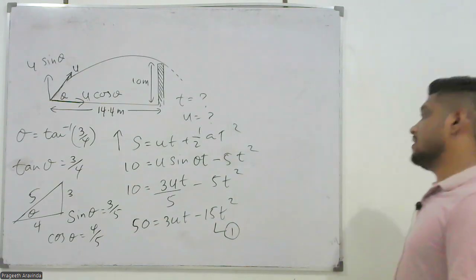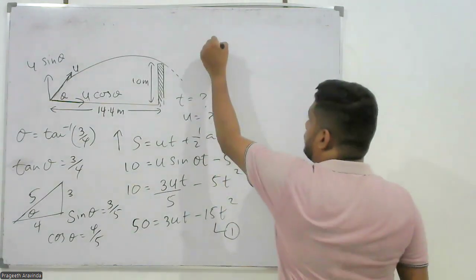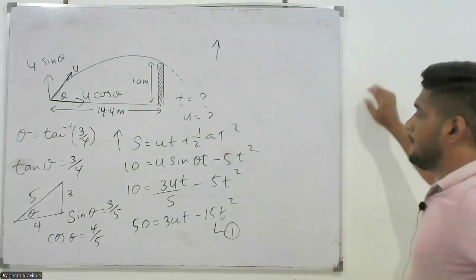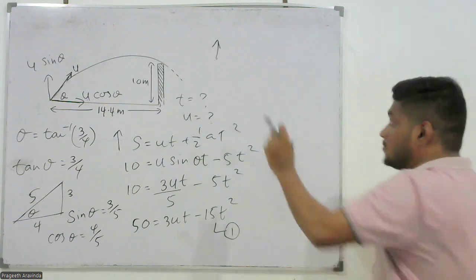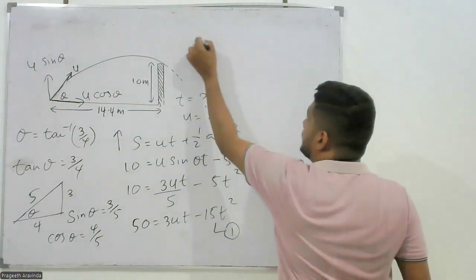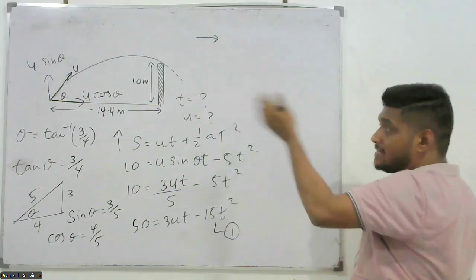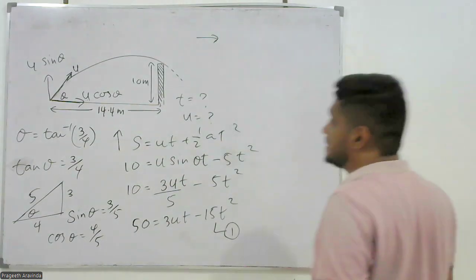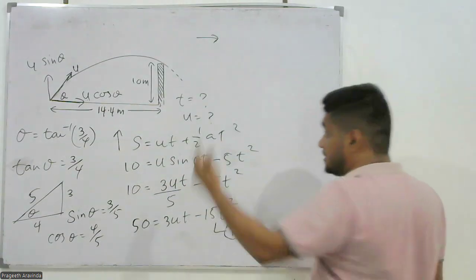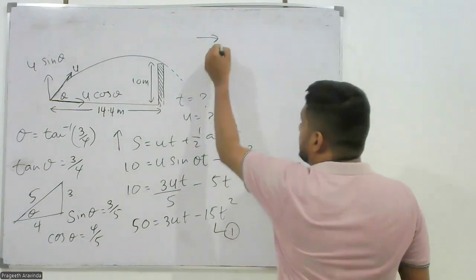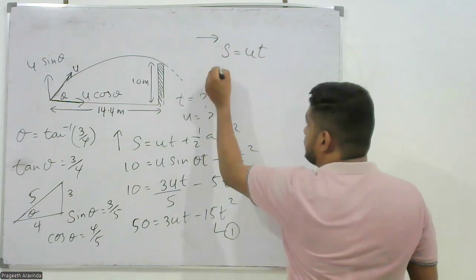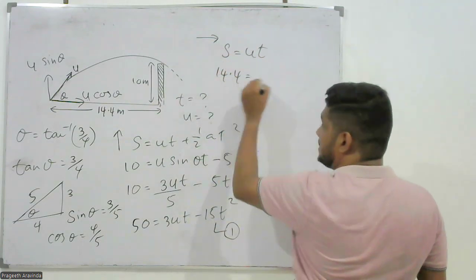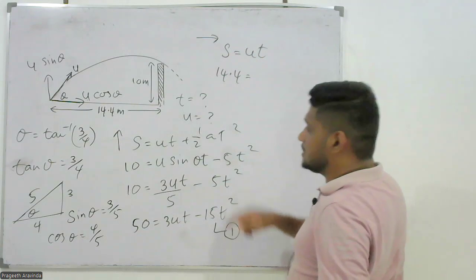The next one, horizontally. The object has traveled a distance of 14.4 meters, the same time t is taken. So S equals ut. Now S is 14.4 and u is u cos theta.